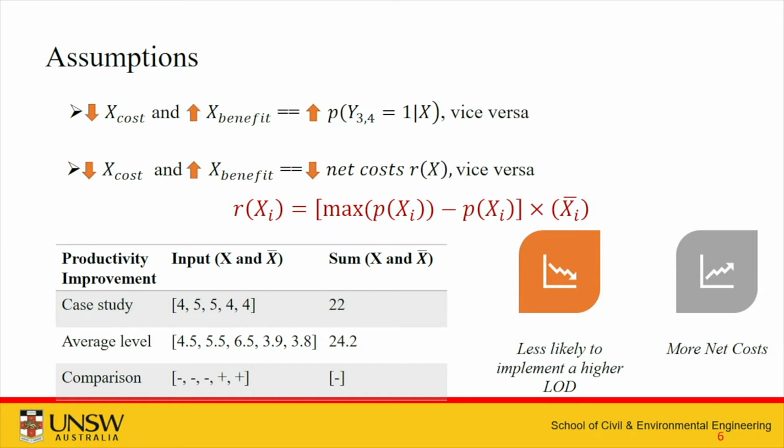But we only think that the company is going to adopt LOD 300 if LOD 300 has got the highest posterior probability. So we are using the maximum of the posterior probability minus the one of others, times the scaled input.